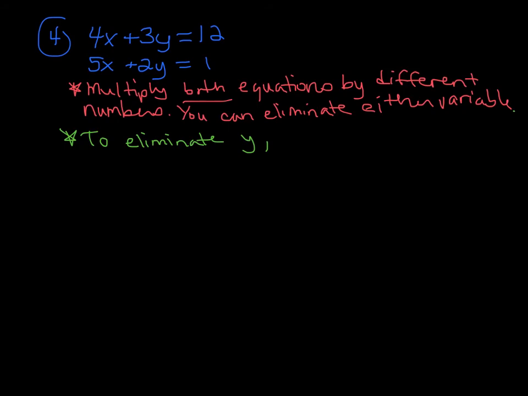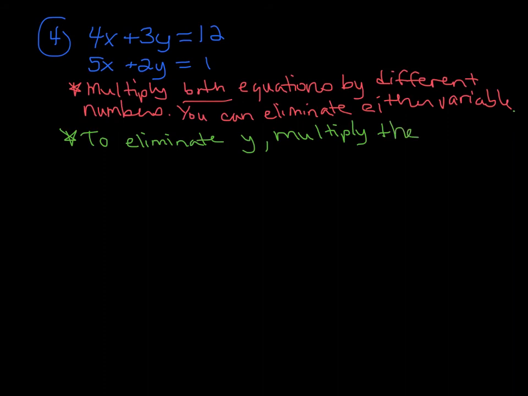And the other thing you have to remember is that one of the equations must be negative. So one of the y's must be negative. So I'm going to multiply the top by +2 and the bottom by -3. If you multiply the top by -2 and the bottom by +3, that's fine.